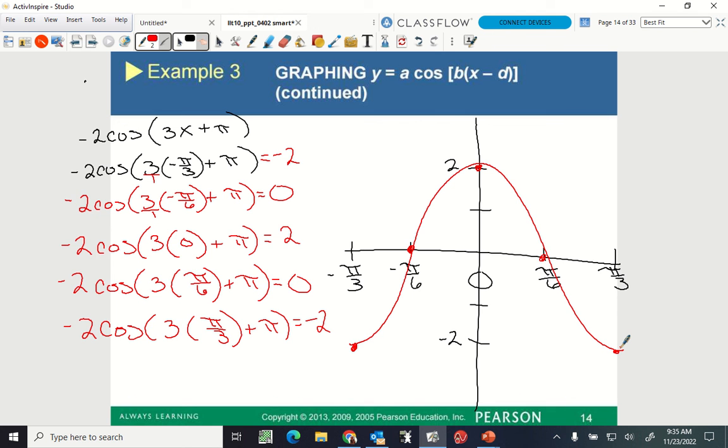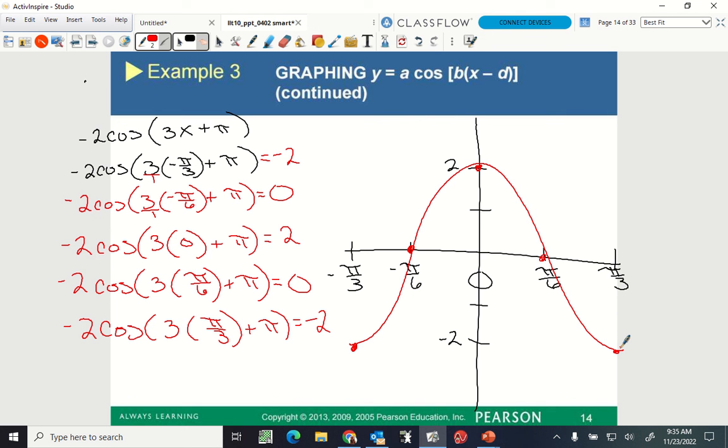My midline in these cases is going to be 0. For all the ones that we've done so far, the midline is 0. But I keep having you point this out every single time because I want you to see the pattern. And you know that you did this correctly if you see the pattern.